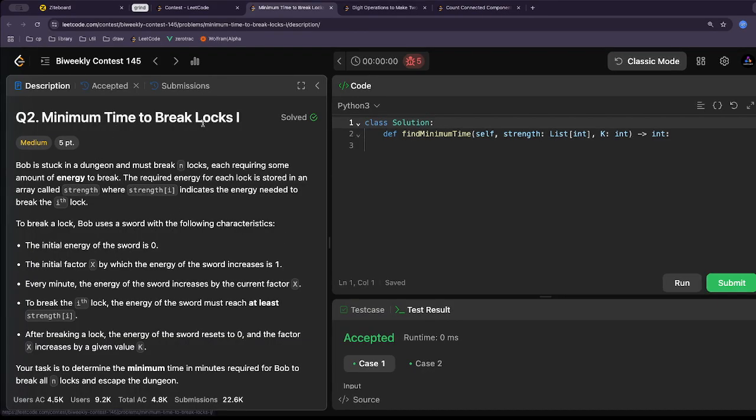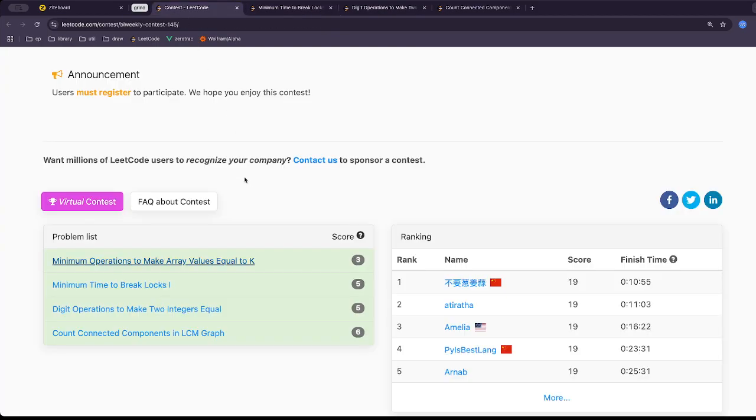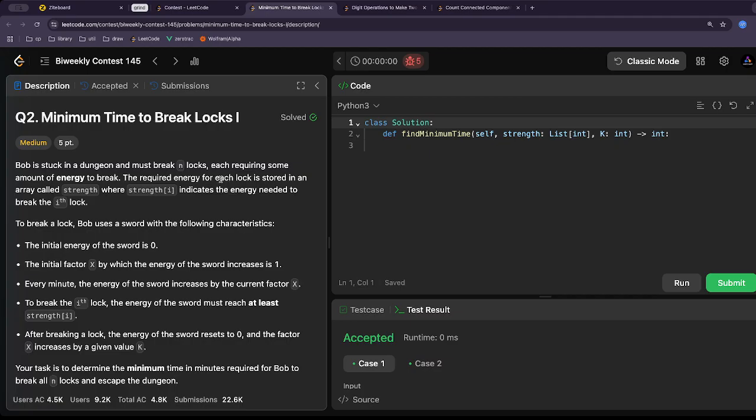I was surprised that this is a part 1, but there wasn't a part 2 in this contest. So maybe we should be waiting for a part 2 of this problem in some future contest. Bob is stuck in a dungeon and must break n locks, each requiring some amount of energy to break. The required energy for each lock is stored in an array called strength, and strength of i indicates the energy needed to break the ith lock.